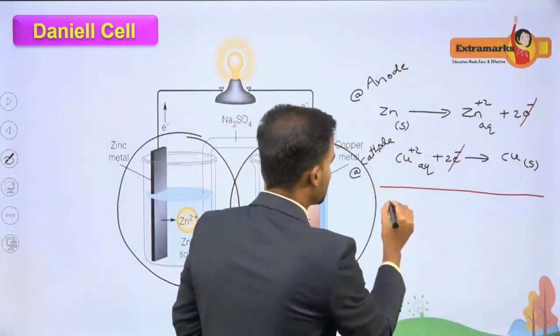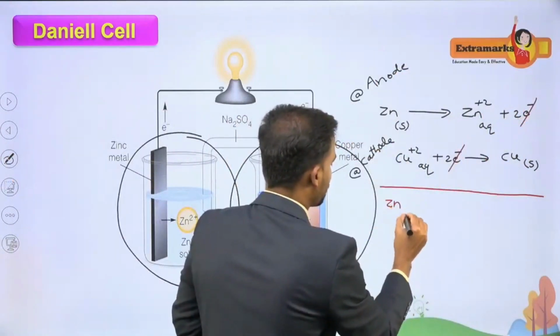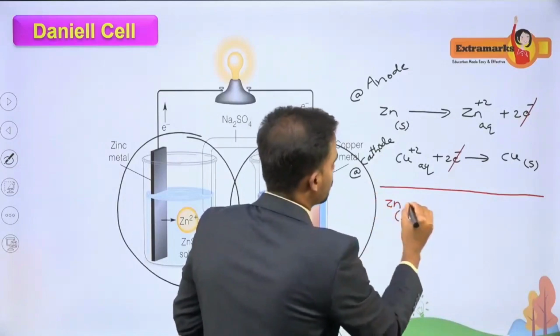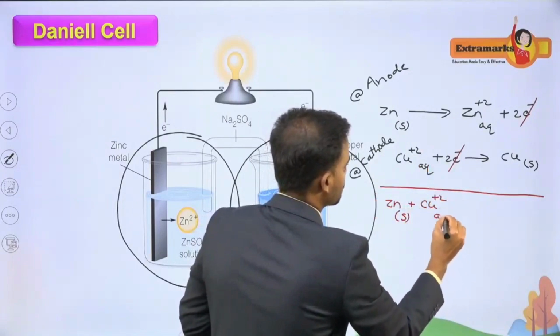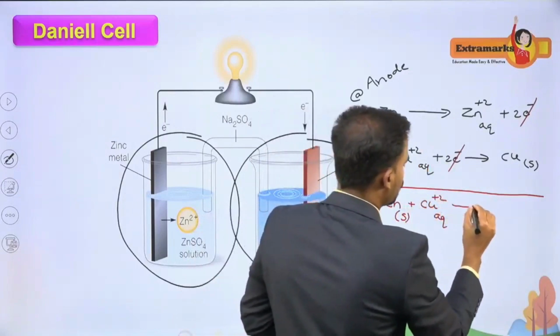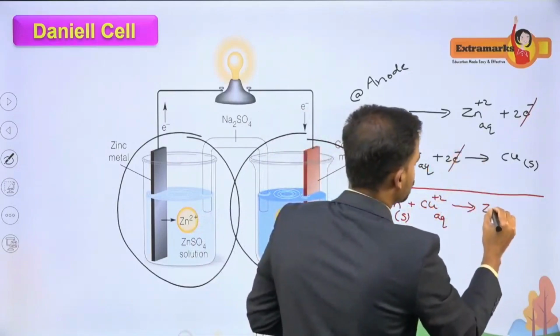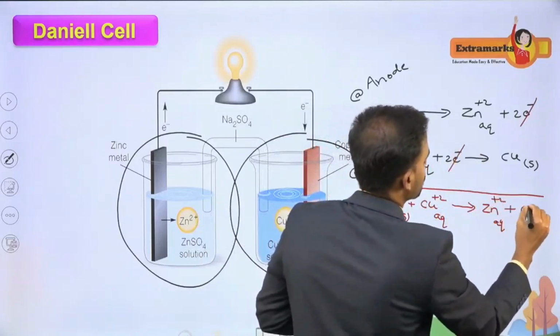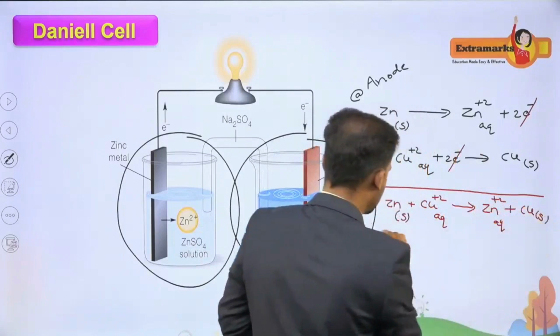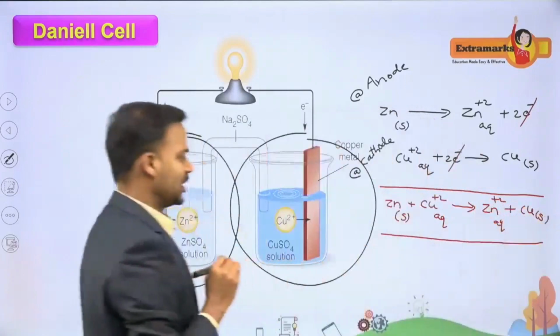The final reaction is zinc solid plus Cu+2 aqueous, giving you Zn+2 aqueous plus the copper. This is the final equation that I'm getting.